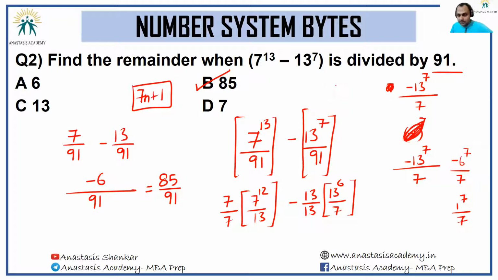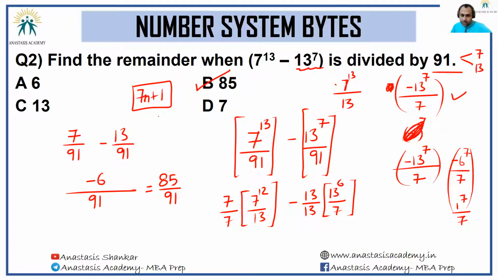Then we have 7 raised to the power 13 divided by 13. I'm only doing that because if I need the remainder with 91, I need the remainder with 7 and 13. The remainder with 7 I have obtained. For the remainder with 13, the second part is anyway divisible by 13.